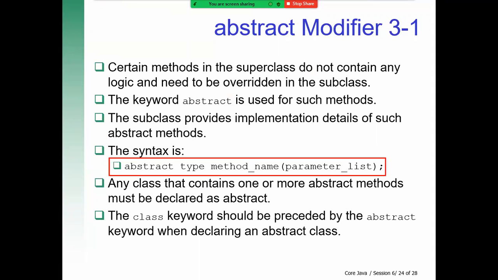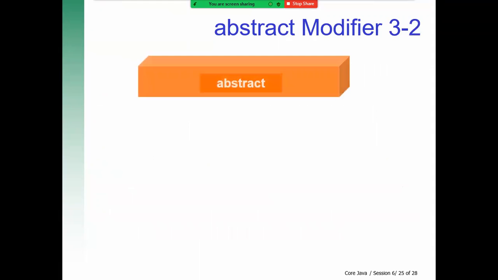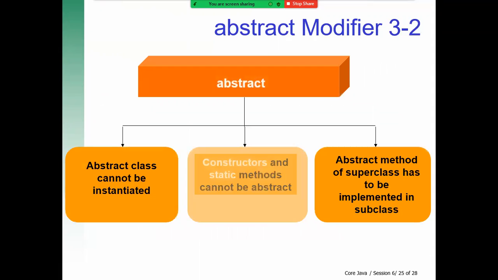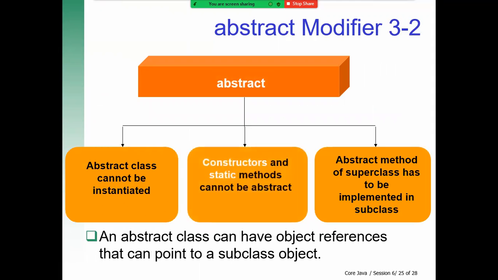Okay. So remember, if you define an abstract method in a class, then the class also must be defined as abstract. We cannot just say the class name, but we have to define it as an abstract class. You cannot create instances of an abstract class, as you do with normal classes.